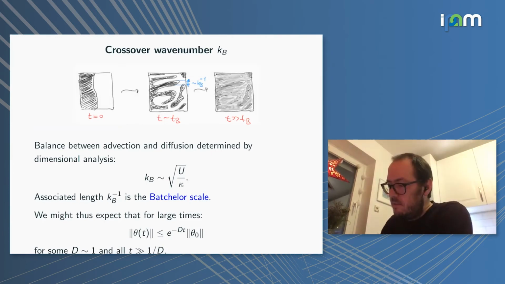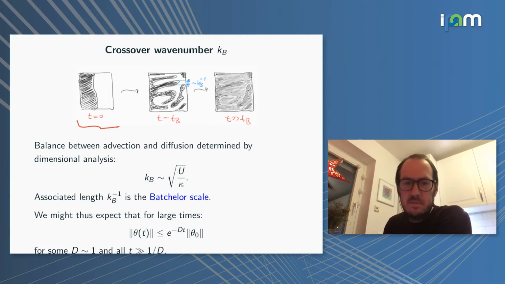So I made another cartoon here. Let's suppose again the mixture looked like this in the beginning. So this is the initial configuration. I assume a smooth interface, but that is not as important here. Then we have essentially a fluid flow. The fluid flow creates a filamentation up to some transition or crossover time, which I call t_B.